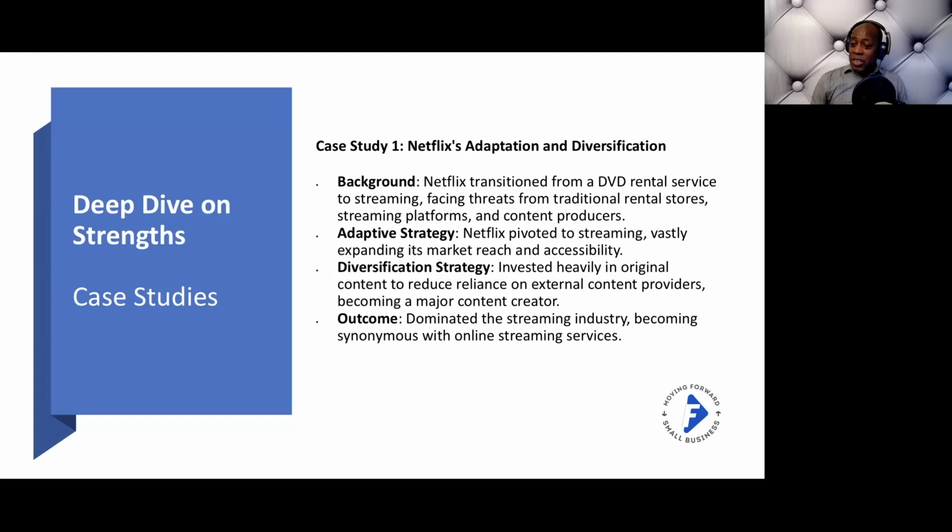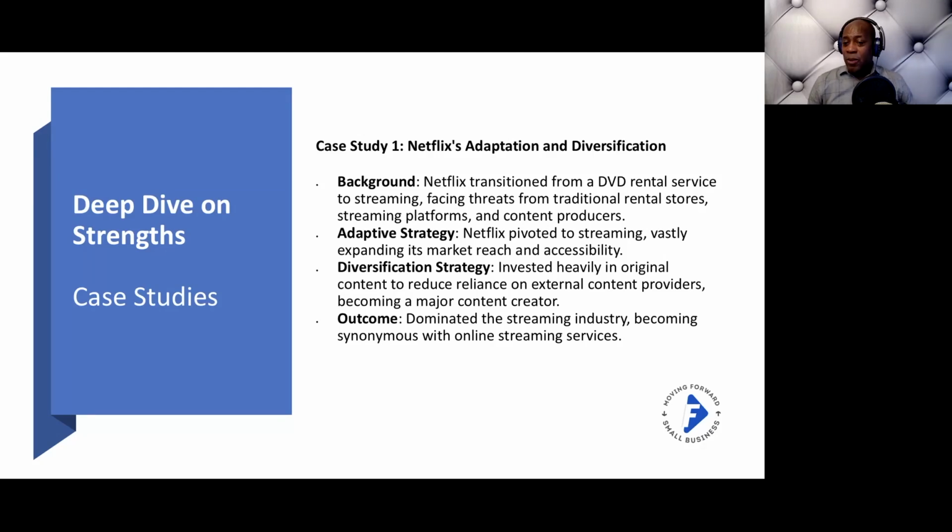So again, Netflix, Hulu, HBO Max, they all now have original programming, because if not, they have to license. And so in order to not be held at the whim of someone who doesn't want to license to them anymore, they had to start to create original content, which now makes their platform more unique, because that's the only place that people can watch that specific series or movie.